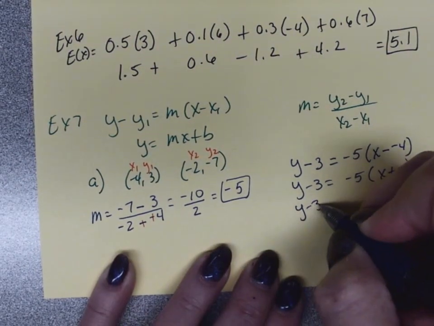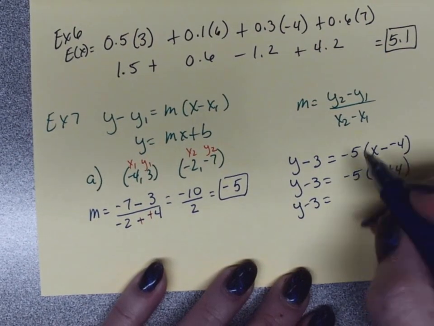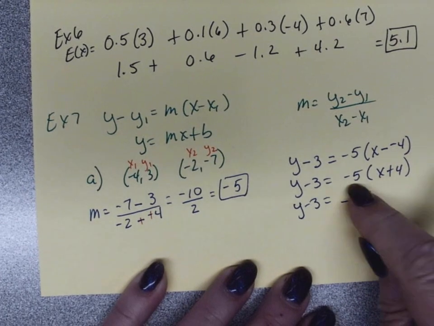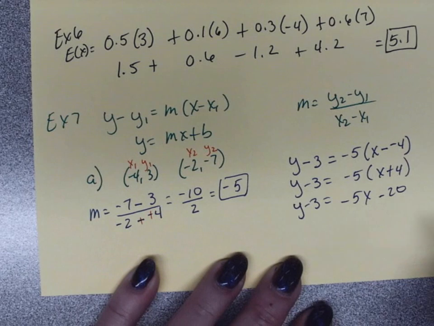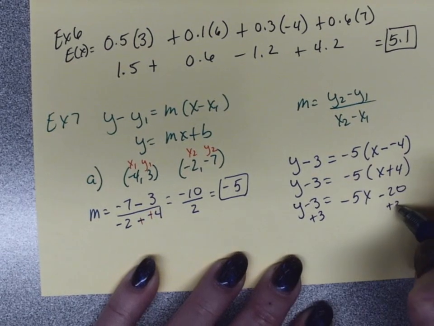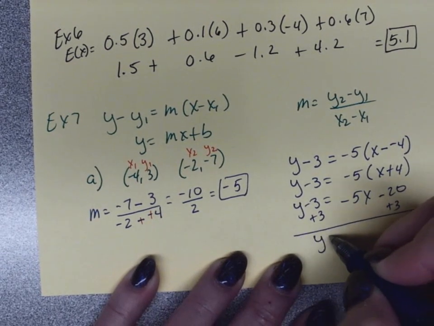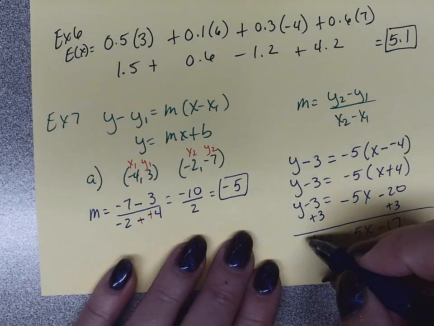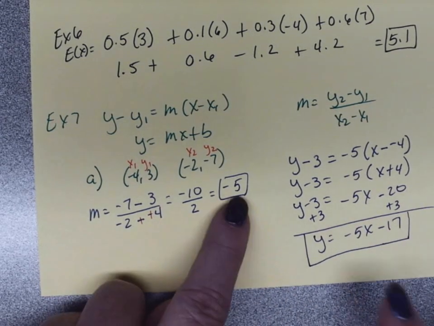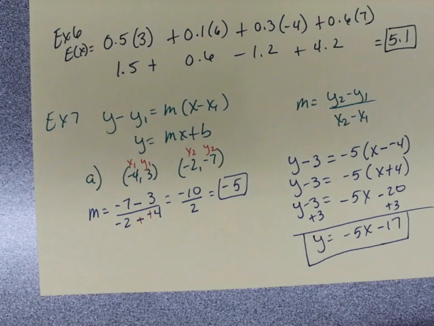So y minus 3, negative 5 times x is negative 5x. Negative 5 times 4 will get us negative 20. We'll now add 3 to both sides. So y equals negative 5x minus 17. This would be the equation of the line, but you're going to have to find that slope in order to do part A.